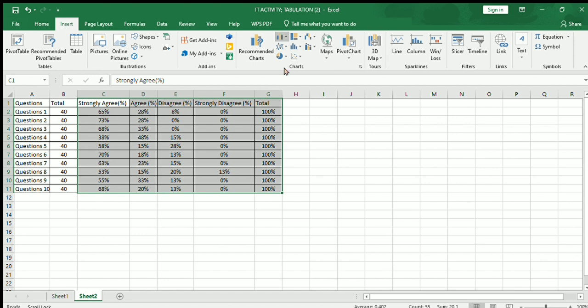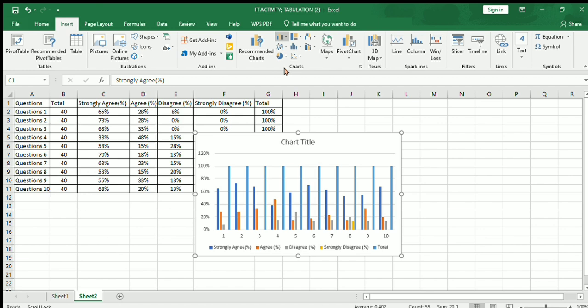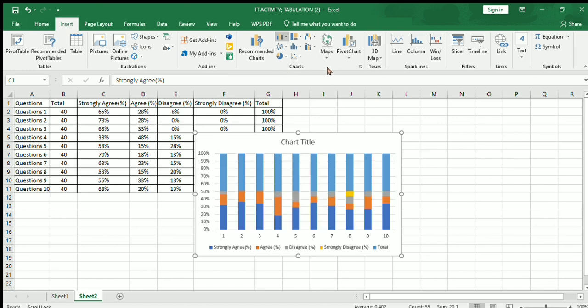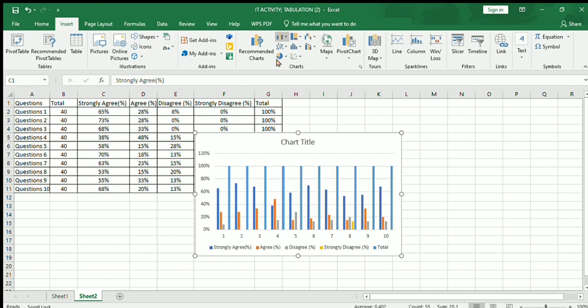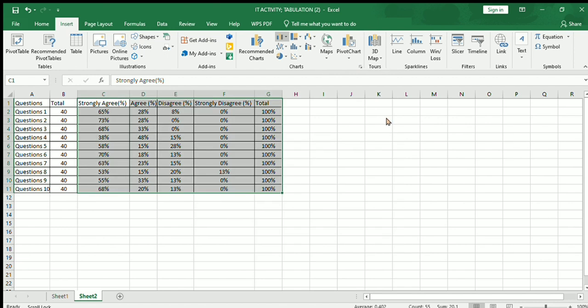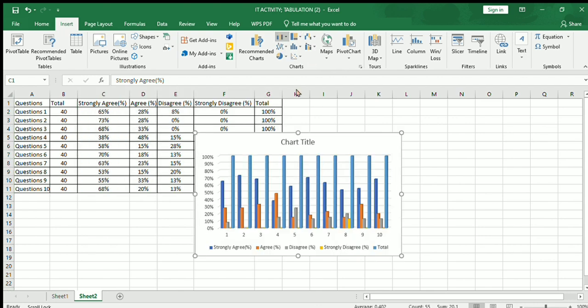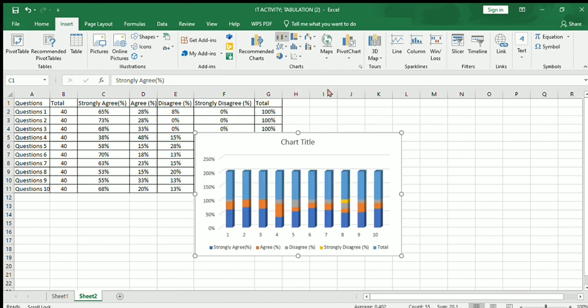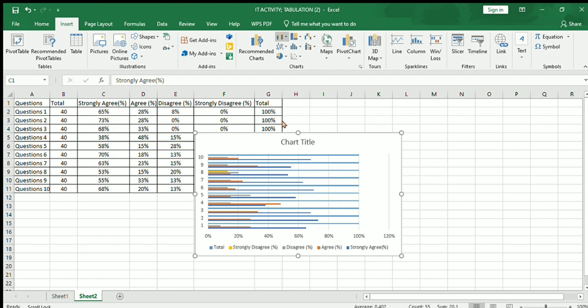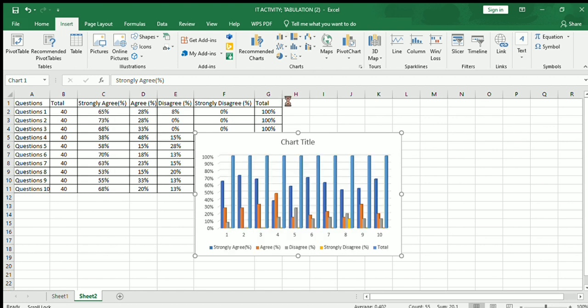Then you tap insert and you will find the graph sign, and then you will pick what kind of graph you will put on the particular Excel data. So I choose 2D because that is what we will use. So we will put a 2D, then that's it. You can make a graph.